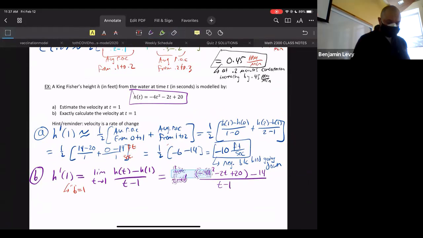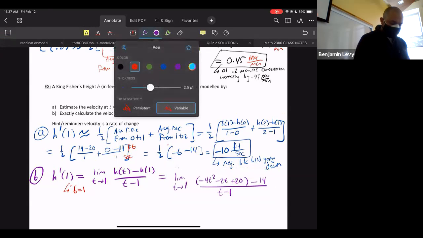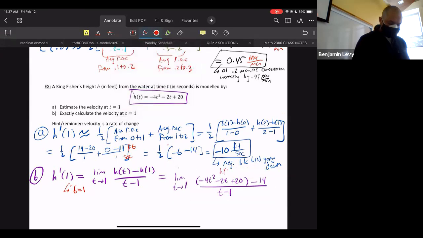Let me also label this. I should have done this previously too. If I slide this down, this is the h of t. This is the h of 1. What do you think? This is usually the part where people get a little confused. Seem okay?